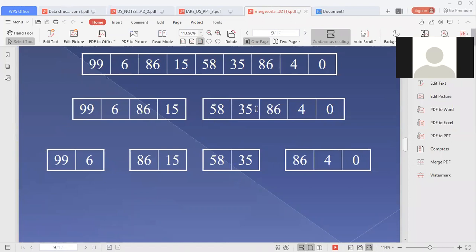A5 may contain the first 3 elements or A6 may contain the second 2 elements. Whatever way you divide, ultimately you are supposed to sort and merge.